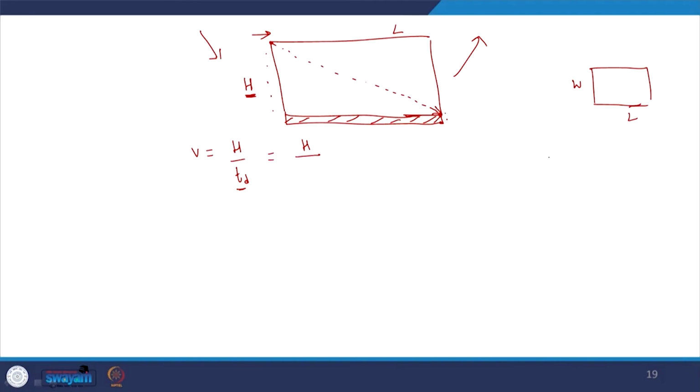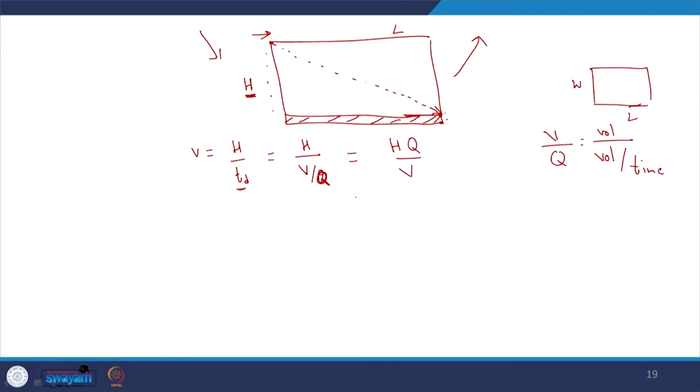Time, how can I get that? Let us say I know that Q is volume per time. So, time is V by Q, volume by volume per time, so I can get the relevant time. So, the velocity will be equal to h Q by volume.